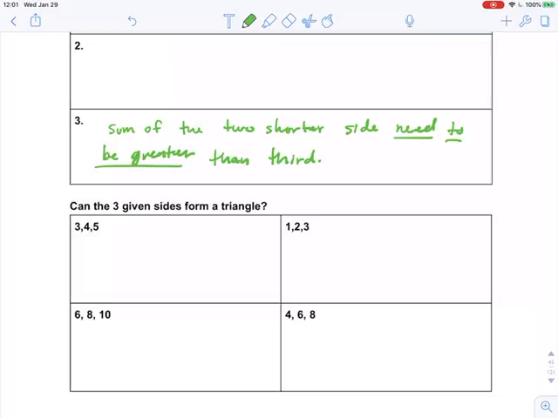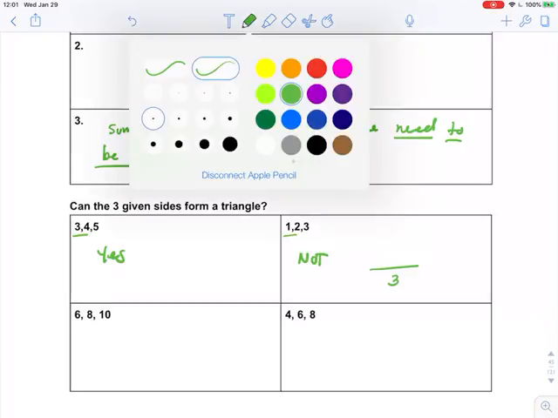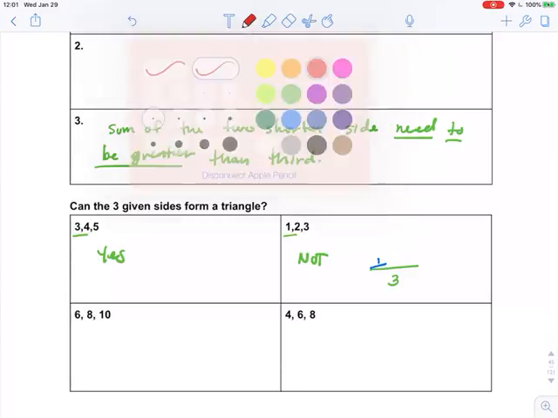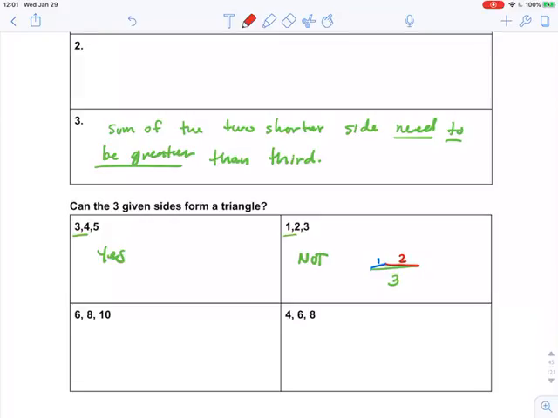So 3 plus 4, is that bigger than 7? Yes, it'll make a triangle. 1 plus 2, is that bigger than 3? No, it's equal to 3, so this will not make a triangle. If this side length was 3, and I had a side of 1 and a side of 2, they would touch and lie completely flat, a straight line on top of another straight line.